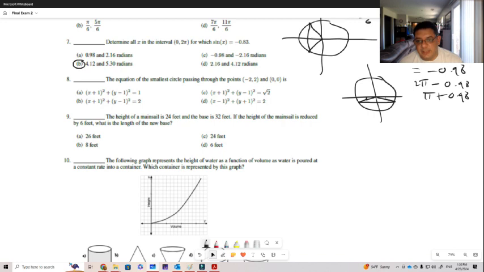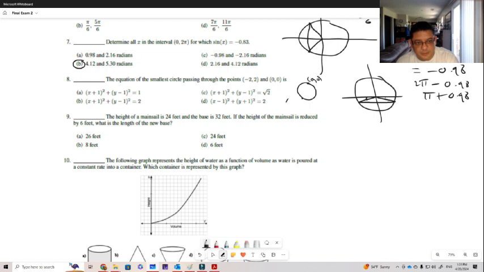Now, question 8 says the equation of the smallest circle passing through minus 2, 2 and 0, 0 is. At that point you gotta remember that the smallest circle between these two points is assuming that these points are the extremes of the circle. So you gotta find out the middle point between them.